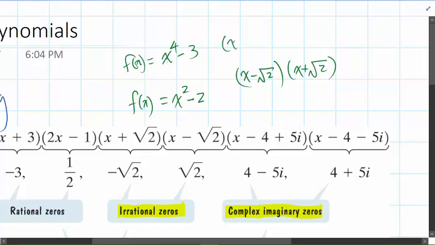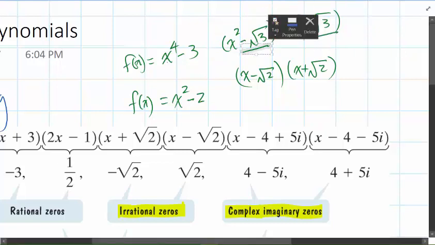This would be x squared minus square root of 3 and x squared plus square root of 3. Well, that wouldn't be in complete factored form, but that would give you a pretty basic idea of why you would have all these pairs. This, in fact, is not factored form, but it would give you a pretty good idea why they always come in pairs.